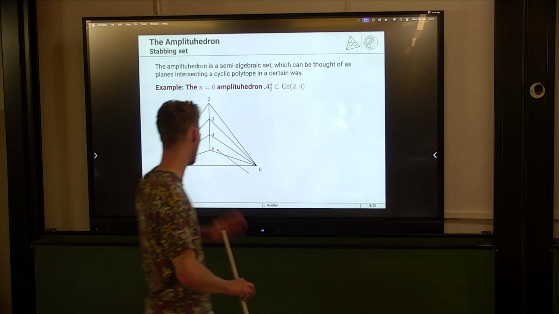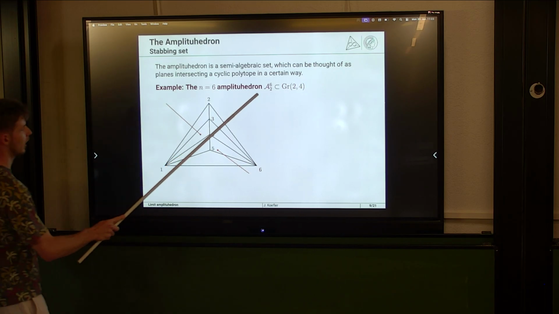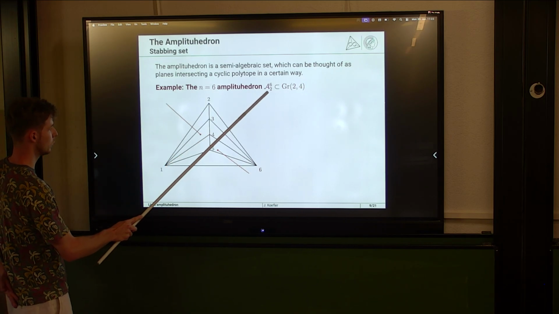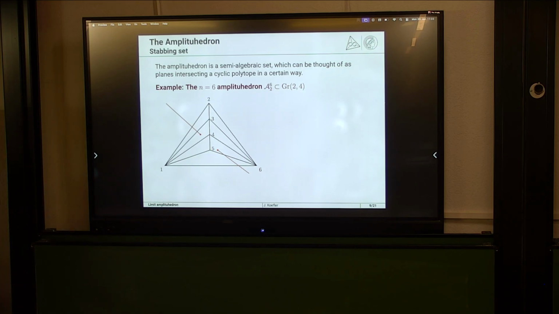Okay. So how are we going to use this idea? Well, there's a way of understanding the amplituhedron as a semi-algebraic set by thinking of points inside it as how they intersect the cyclic polytope I just showed you. And I'm going to go through an example with you. So we say n equals 6, so it's the same picture in general, and k equals 2, so this amplituhedron is in Grassmannian Gr(2,4). So points in the Grassmannian Gr(2,4) for me are lines, such as the orange one.